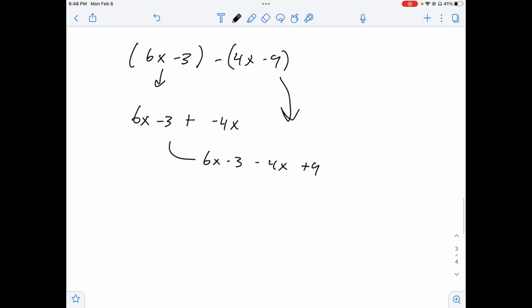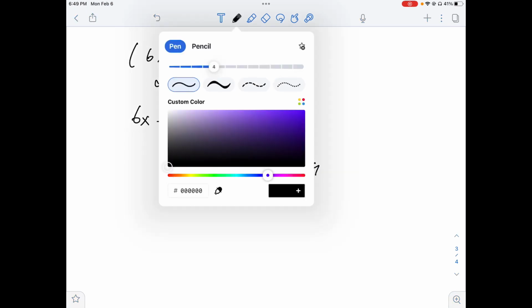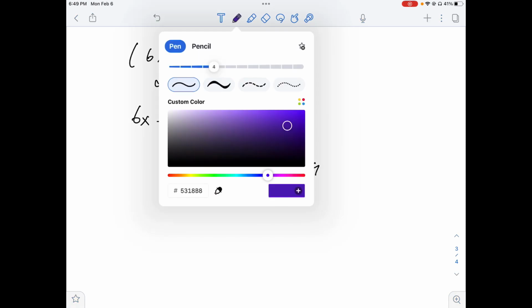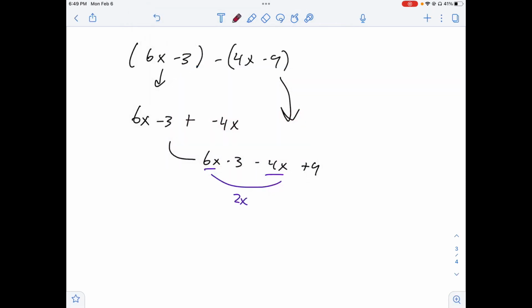So then you can just combine like terms. So 6x minus 4x is 2x, and then negative 3 and 9, which is plus 6. So that's the answer.